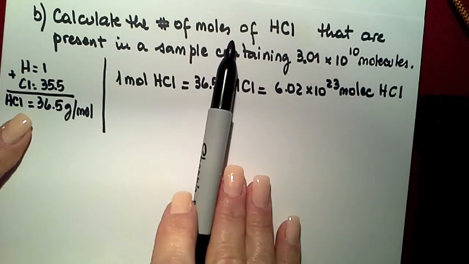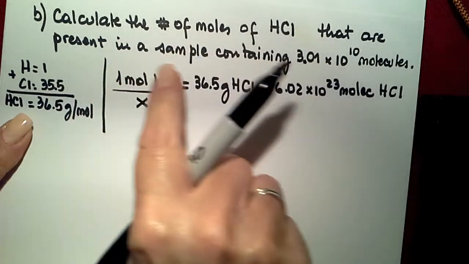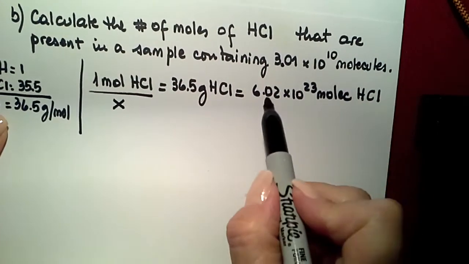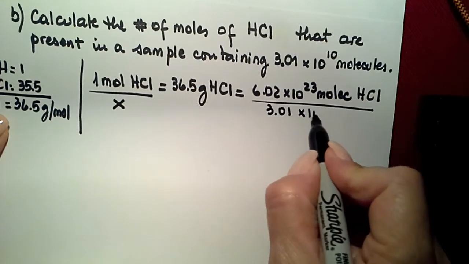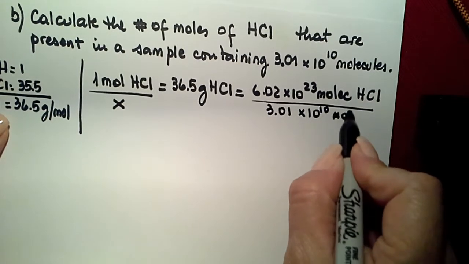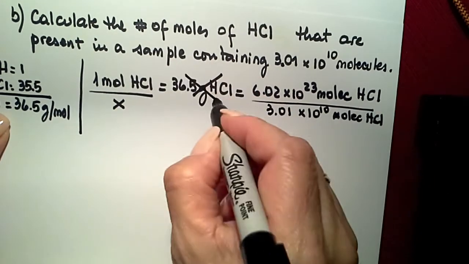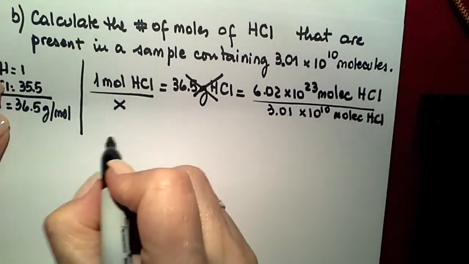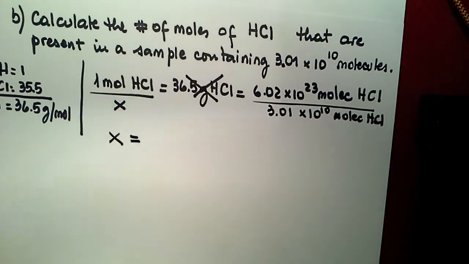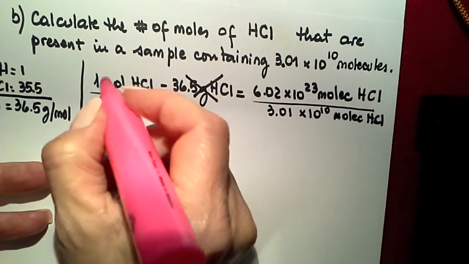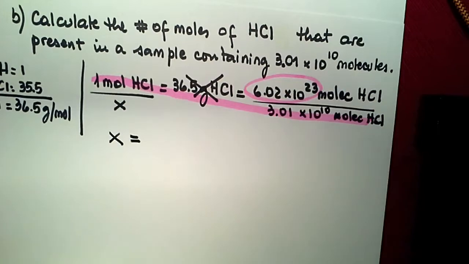In this case, it says calculate the number of moles. I'm going to put my X here, and are present in a sample containing this amount of molecules. So here I'm going to put 3.01 times 10 to the 10 molecules of hydrochloric acid. Of course, we are not going to use the mass in this case, so X will be the same as multiplying these two numbers and divided by this number here.